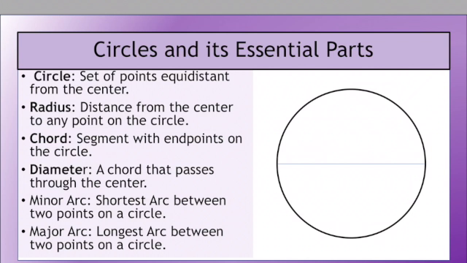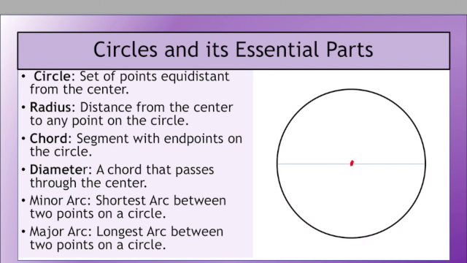So there are a few things that we need to understand about a circle. The first thing we need to know is that a circle is basically the set of points that are all an equal distance from the center, right? So if we were to mark the center somewhere in our circle, let's say the center is somewhere around here, then every point on the circle is going to be the same distance from this point.